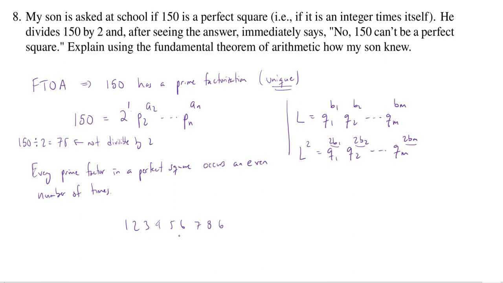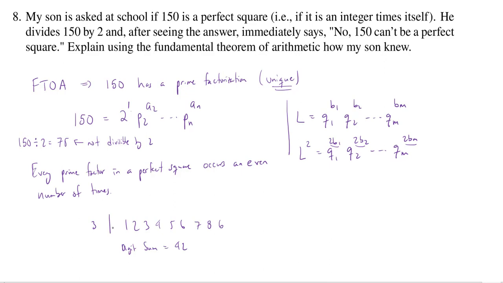Now, if I add up all the numbers here, 1 plus 2 plus 3 is 6, plus 4 is 10, 15, 21, 28, 36, 42. So the digit sum is equal to 42. Now we have a divisibility law which says if the digit sum is divisible by 3, then the original number is divisible by 3. So 3 is a divisor of this number.